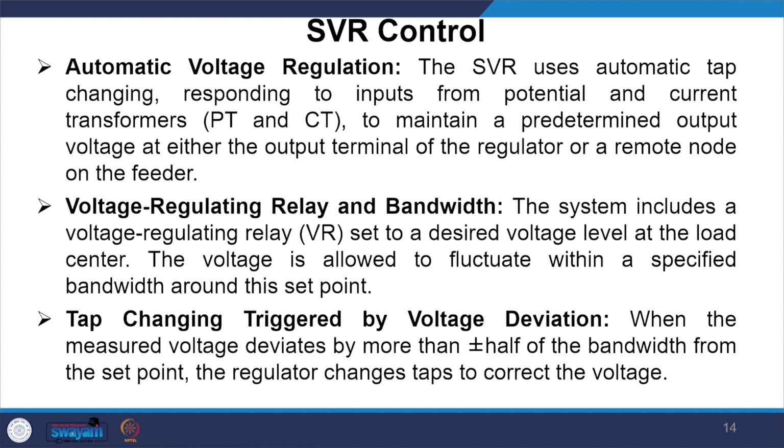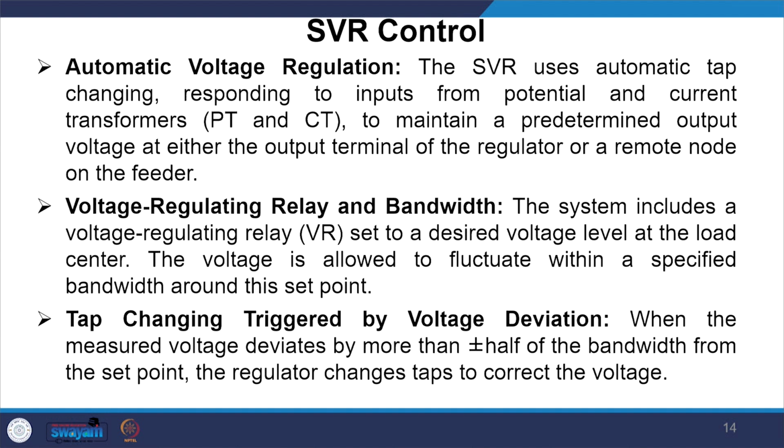Now, voltage regulating relay and bandwidth. The system includes a voltage regulating relay, so called VR, set to a desired voltage level at the load center. The voltage is allowed to fluctuate within a specified bandwidth around the set point. Now, tap changing triggered by voltage deviation.